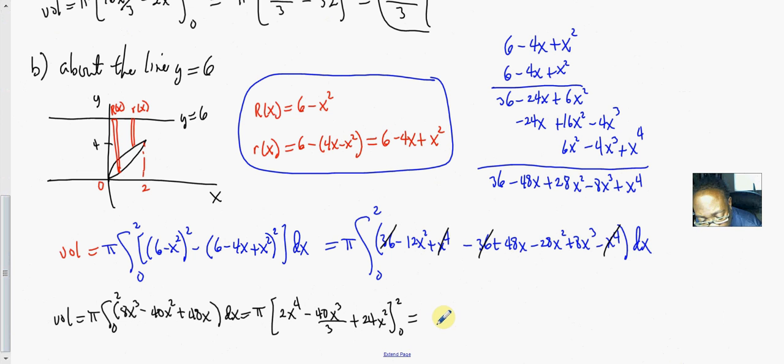Okay, so this is pi times 32 minus 40 times 8 all over 3 plus 4 times 24. And if all calculations are correct, which it is, you will get 64 pi over 3.